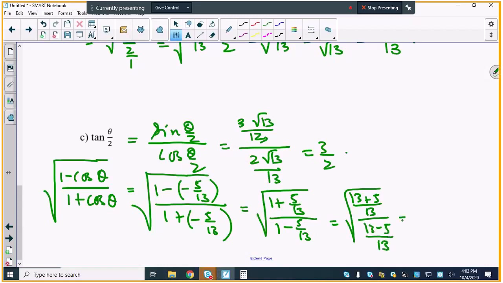So cancelling the 13 from top and bottom, I get square root of 18 over 8, which simplifies as square root of 9 over 4, and square root of 9 is 3, square root of 4 is 2, so 3/2 is your answer either way. Okay, that answers this question.